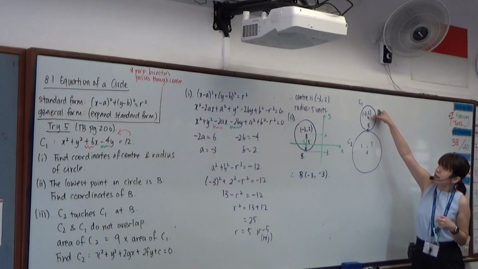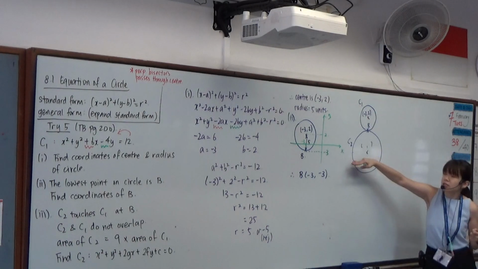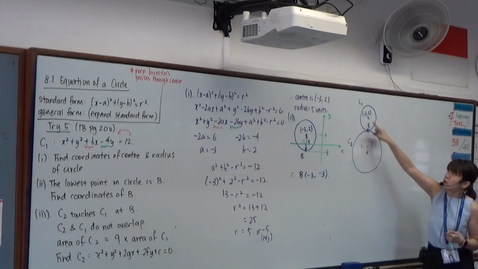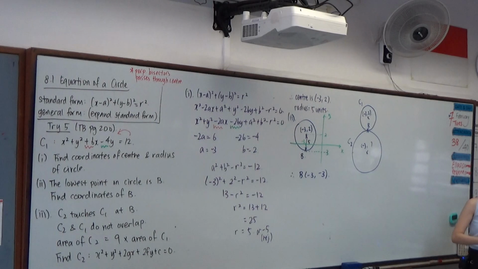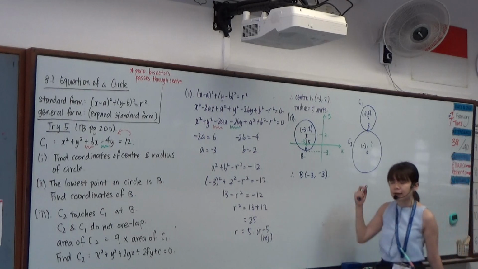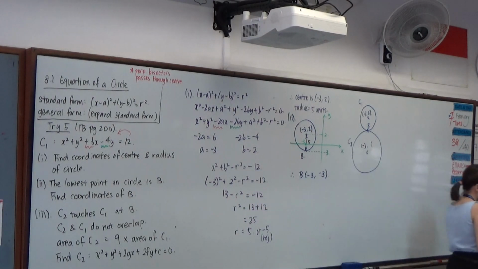Since we know that it is vertically down, the x coordinate will have to be the same at negative 3. So these are deductions that we can make so far just by drawing the diagram and understanding the question.